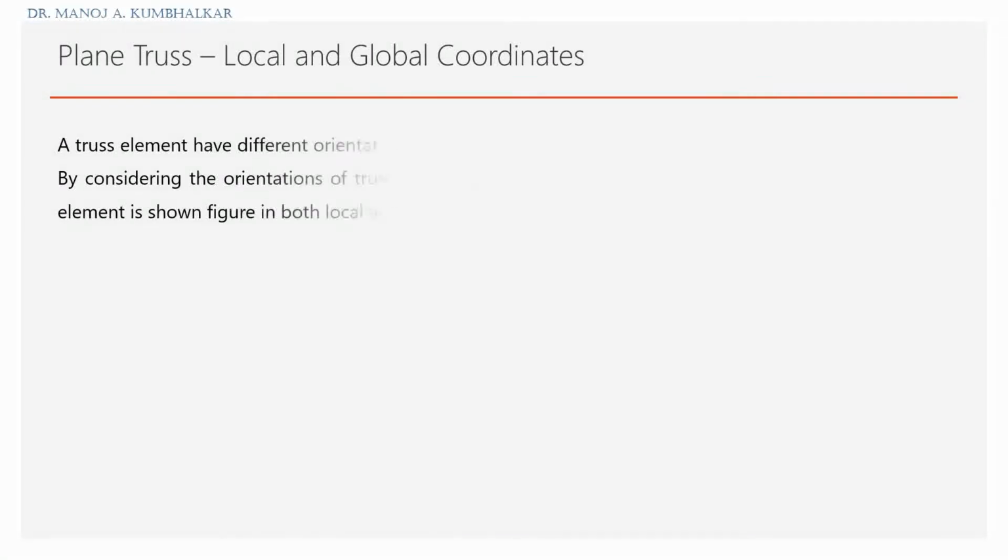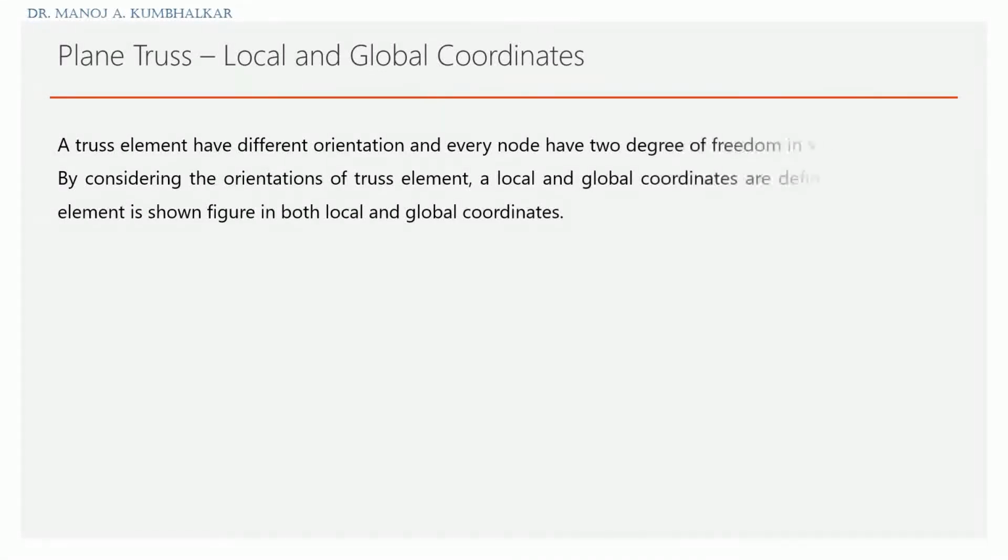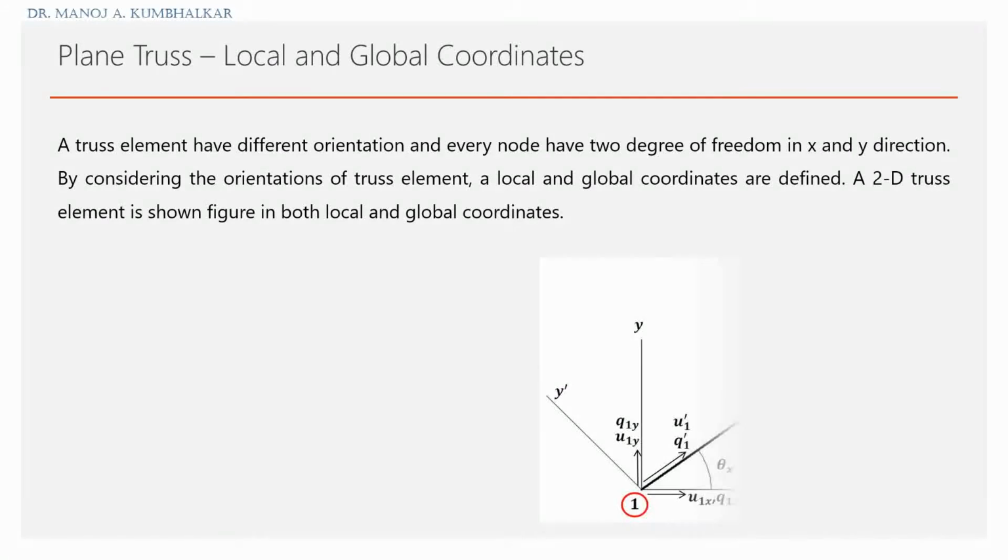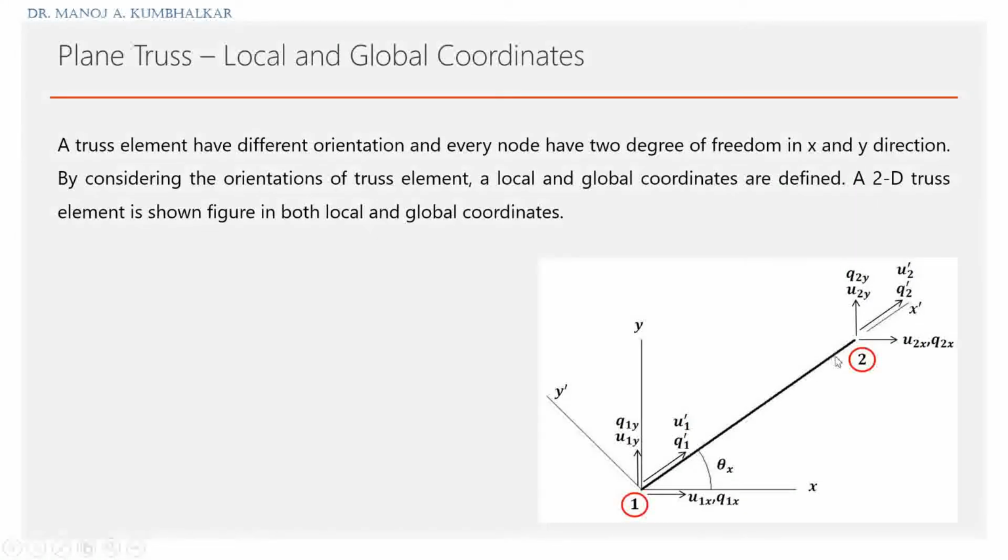Now there is a need to understand the local and global coordinates of the truss. A truss element can have different orientations, and every node has 2 degrees of freedom in the x and y directions. In the given figure you can see an element having nodes 1 and 2, as every 1D bar element has 2 nodes, 1 and 2.